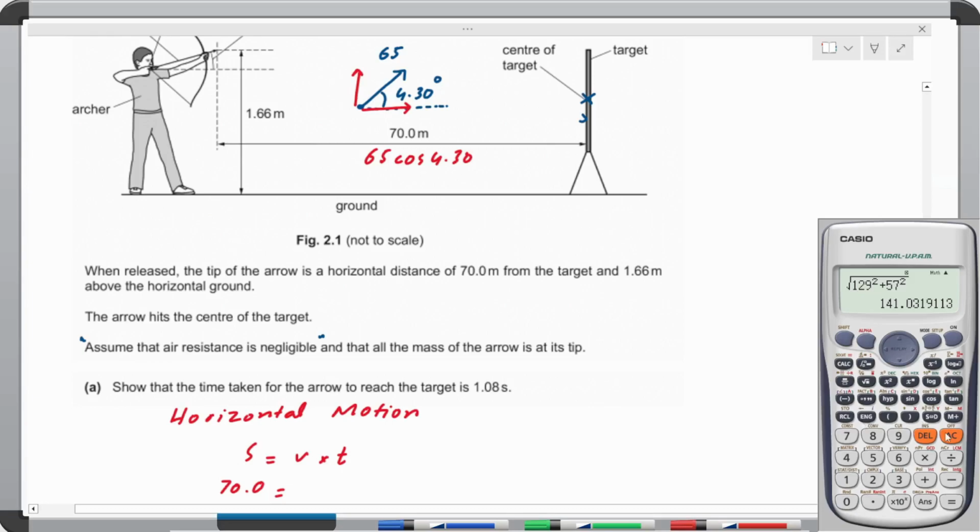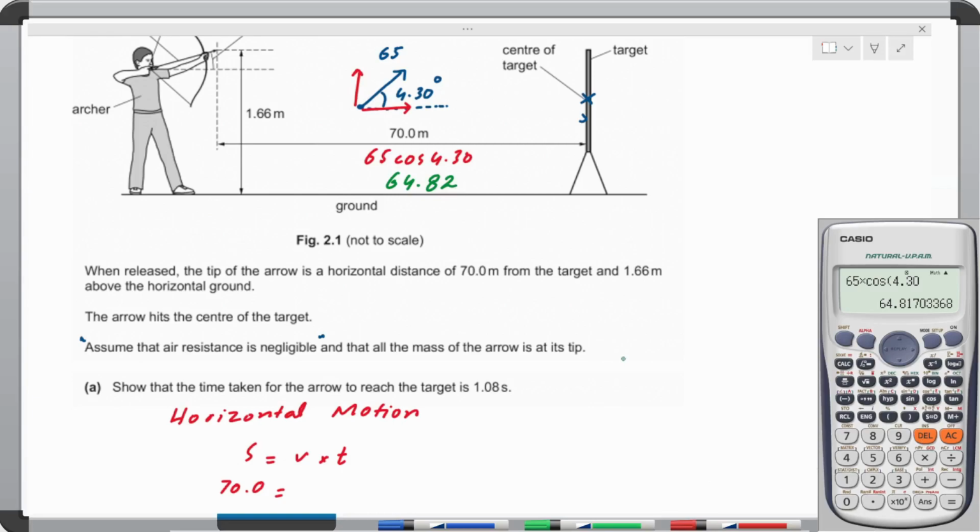You can hit it on the calculator. 65 times cos 4.30, and this one that we get is 64.82 meter per second.